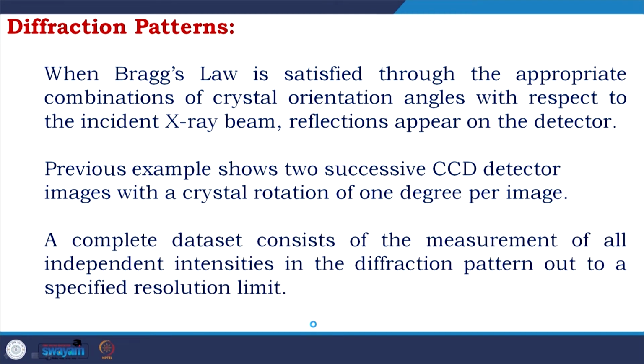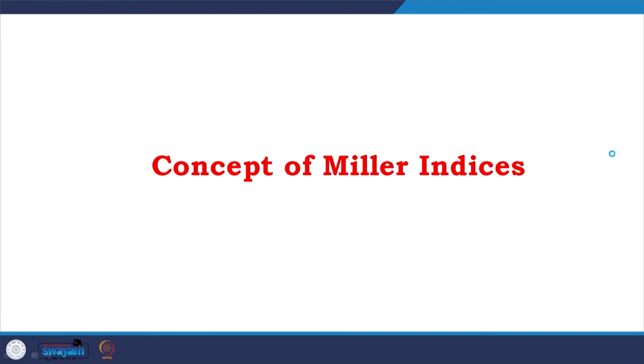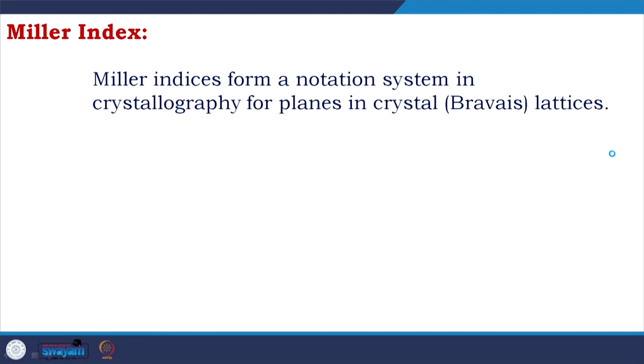A complete data set consists of the measurement of all independent intensities in the diffraction pattern out to a specified resolution limit, which means if you have to collect 90 or 180 or 360 or 720 images, each of them has one intensity, and then you have independent intensities, 90 independent intensities, and you take the summation of that to get the total number.